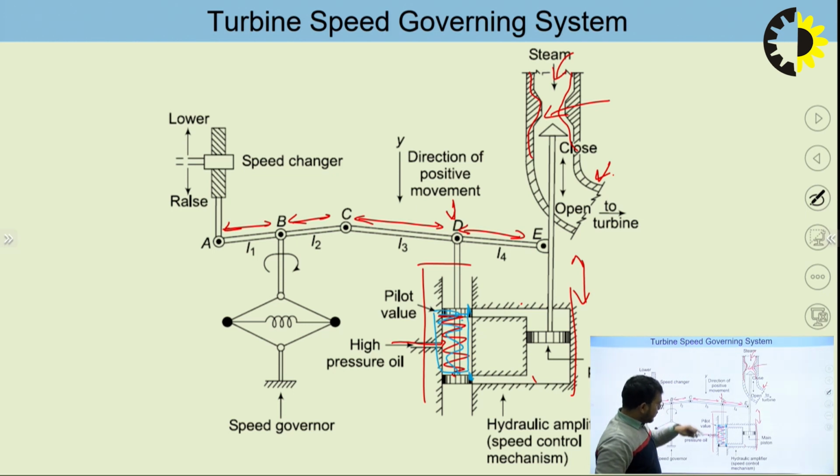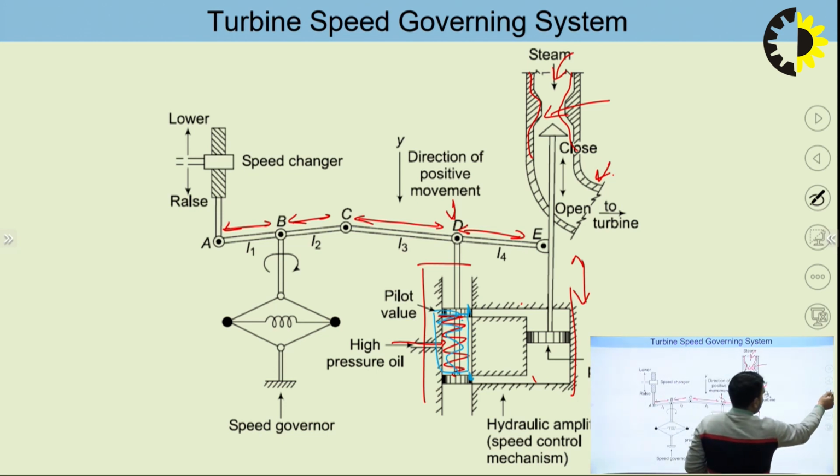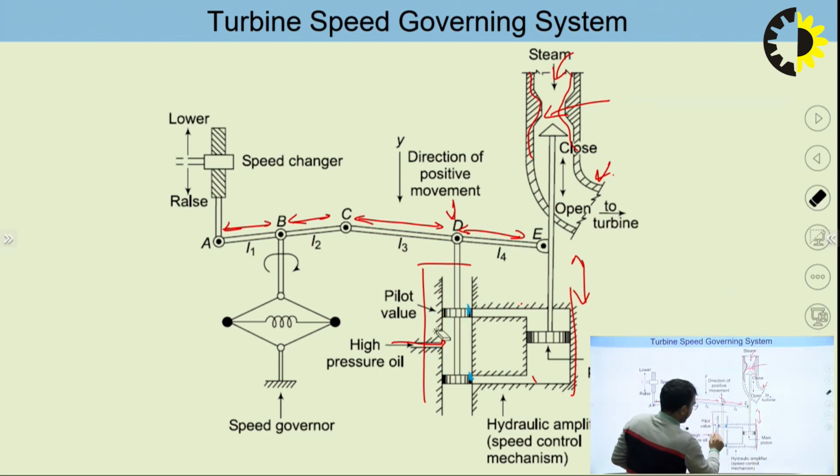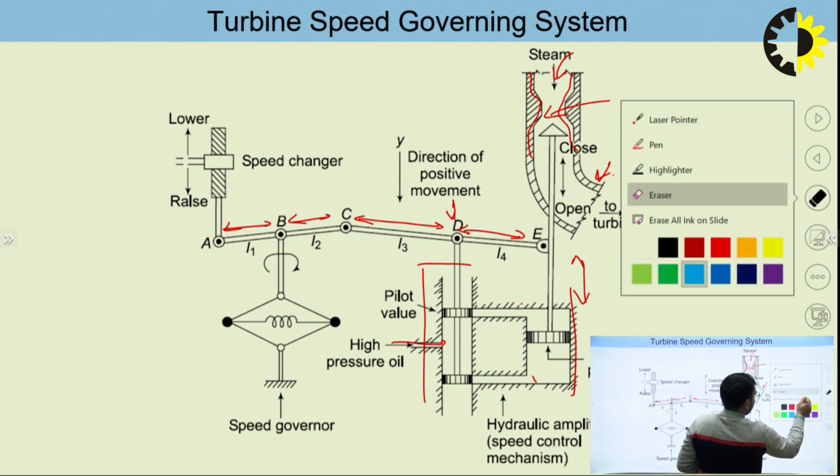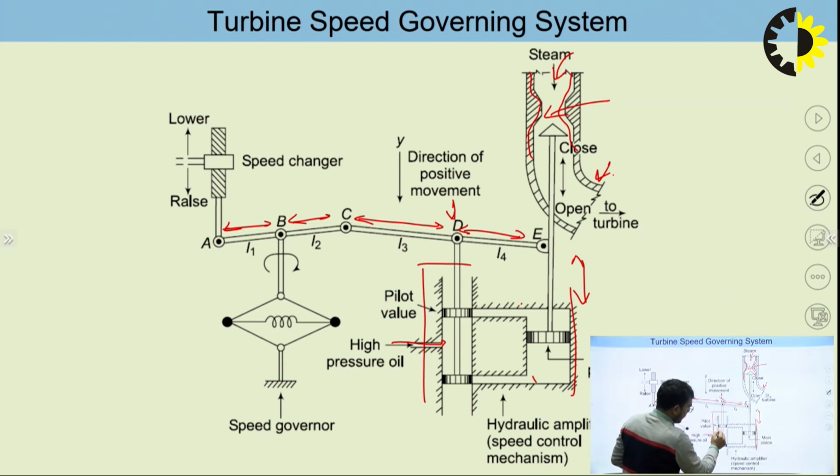Now if this D portion moves downward, what happens? If D moves in downward direction, the portion which will be covered will now become this one.